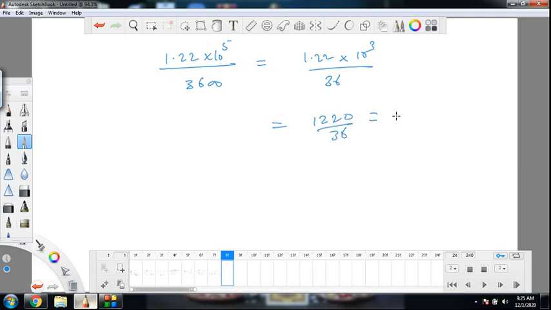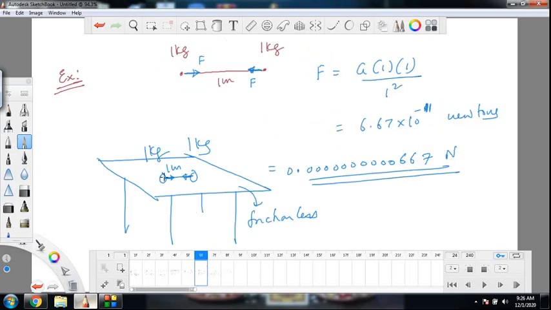Okay. So it comes out to be 33.8 hours, which is less than 2 days. So in 2 days, I should see these two objects coming closer and touching each other.